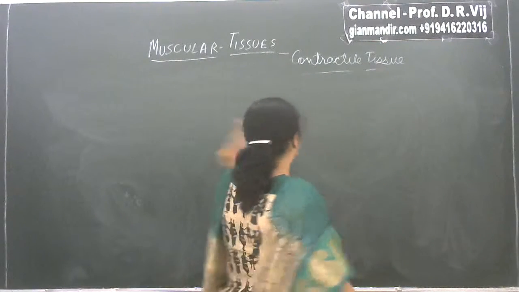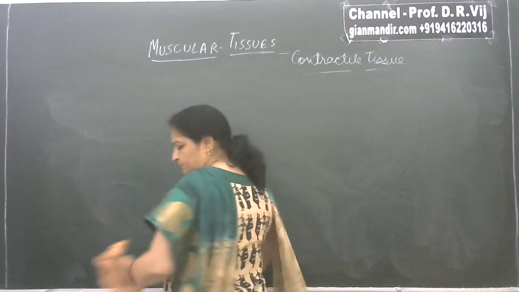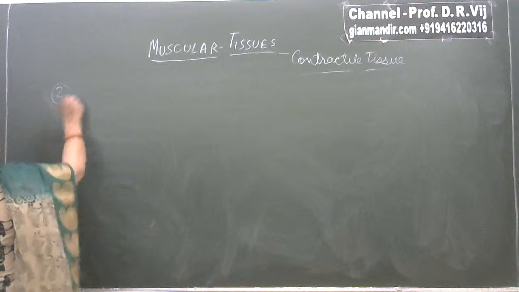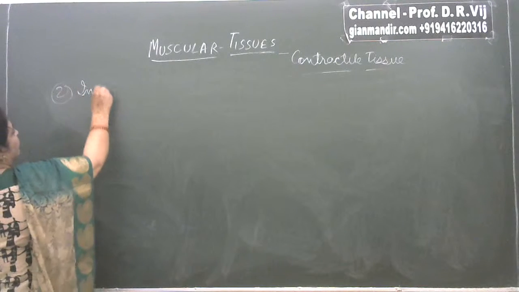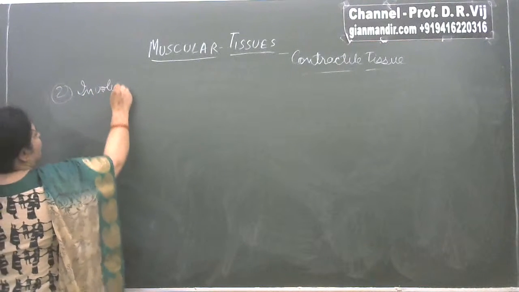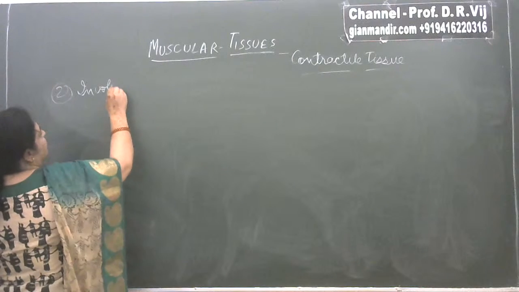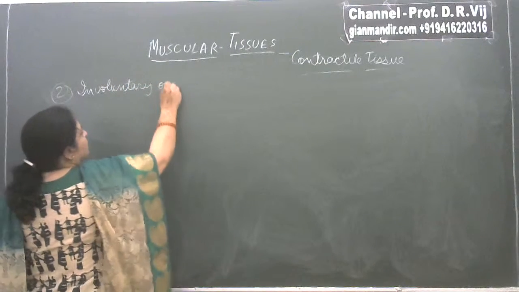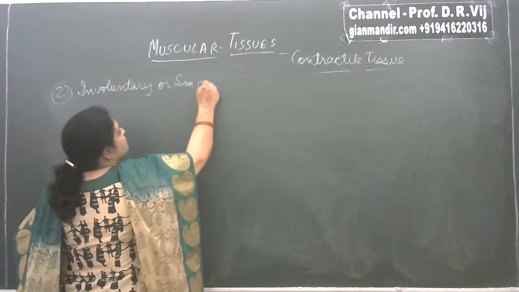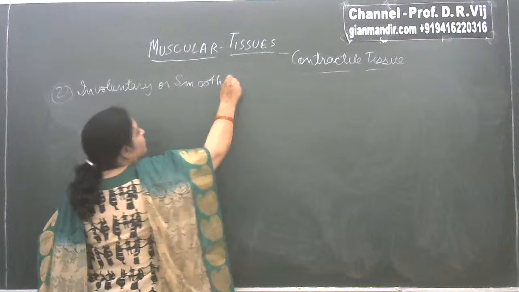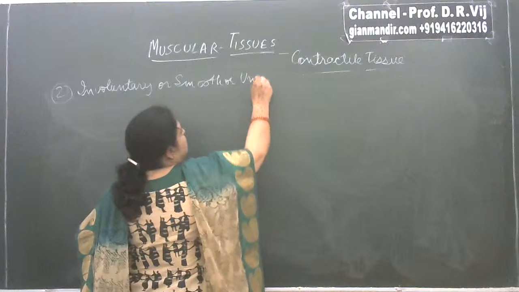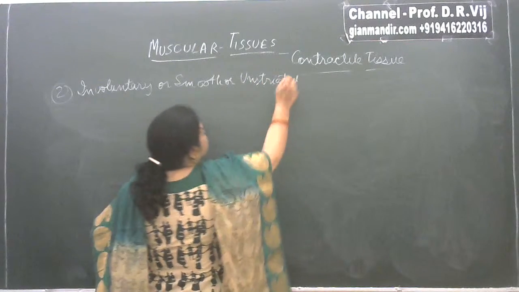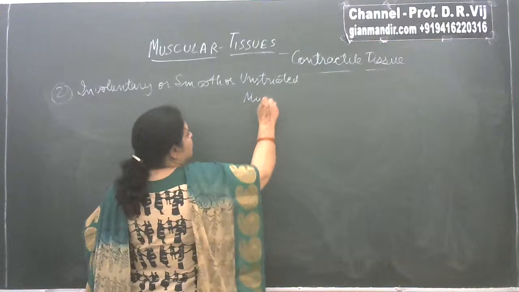So next type of muscles which you can see here are involuntary or smooth or unstriated muscle fibers.